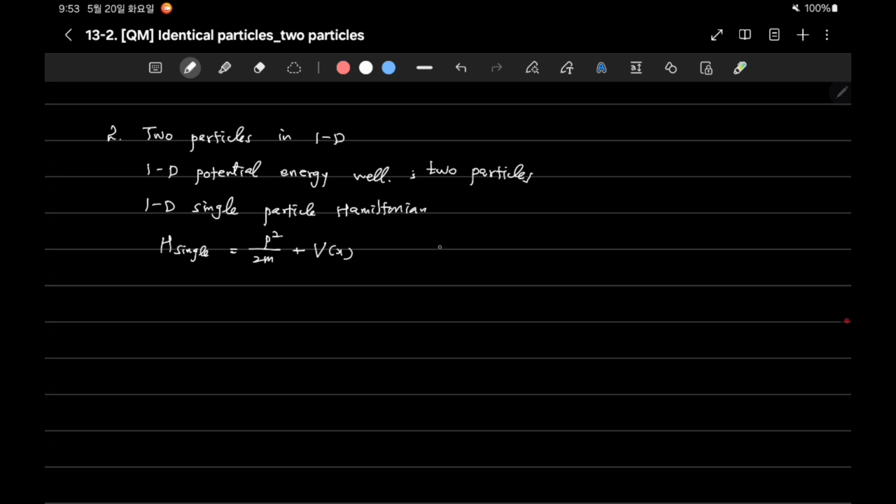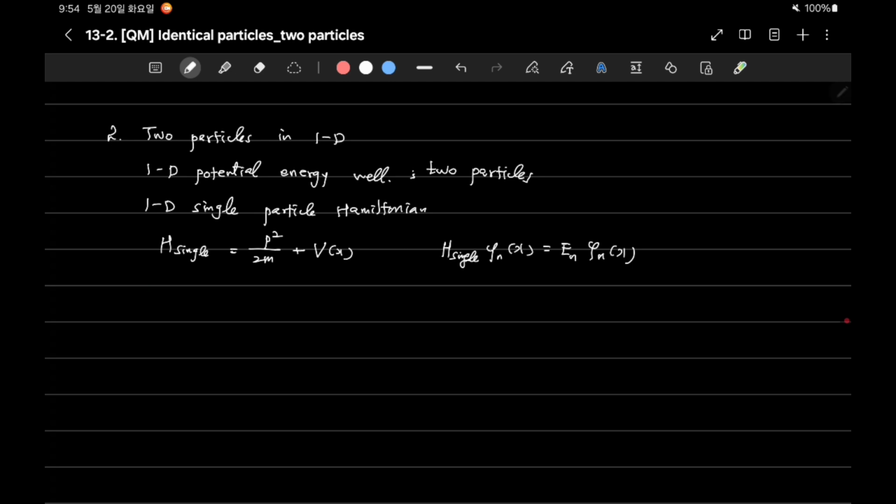We already know the eigenvalue problem for the single-particle Hamiltonian and the wave function: the energy eigenvalue and eigenfunction. So we should solve the eigenvalue equation.